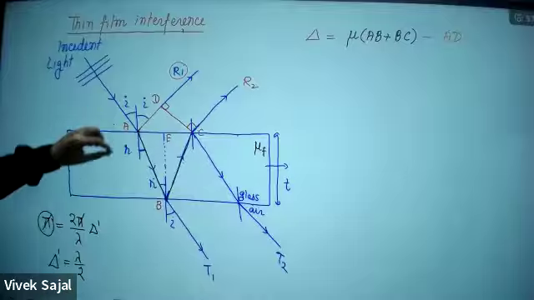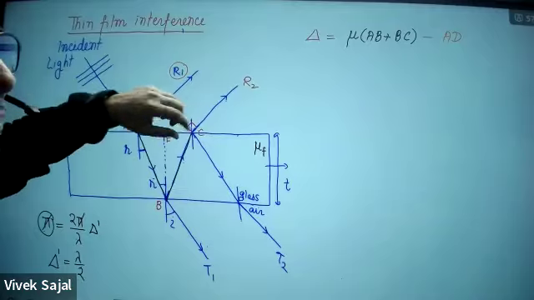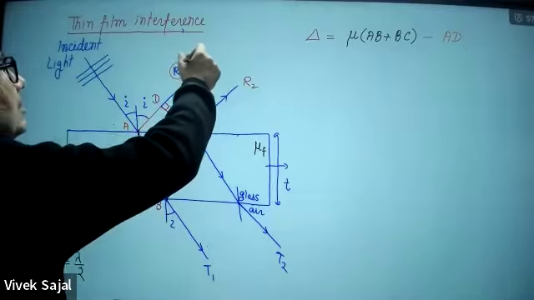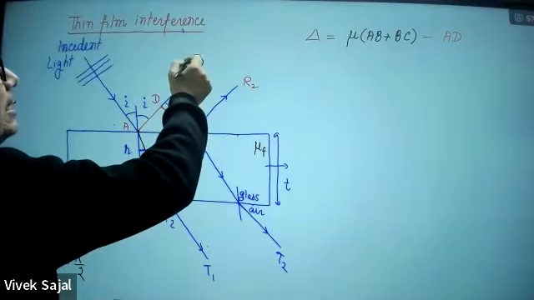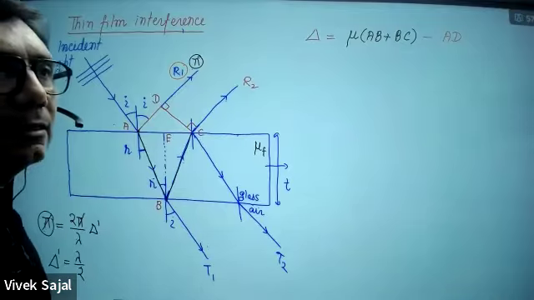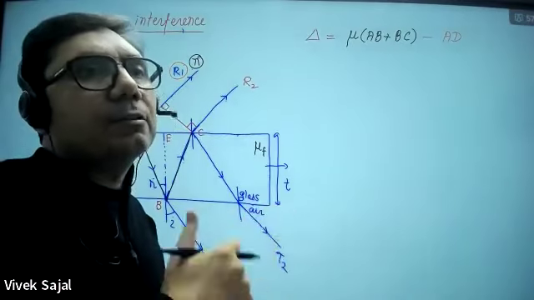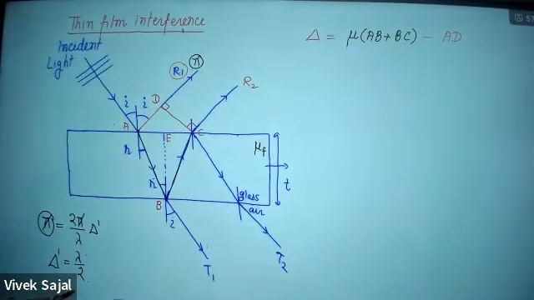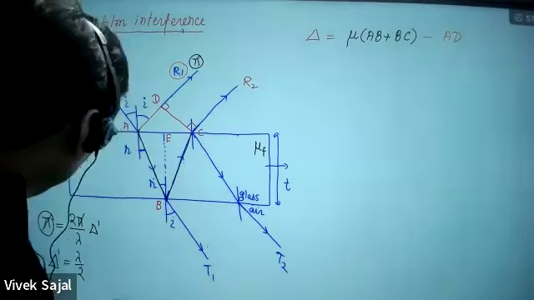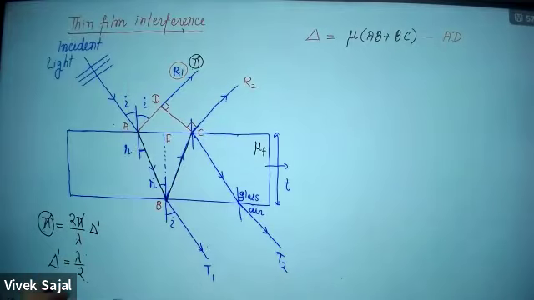So when you are saying that in the reflected light there is an extra phase of pi, this is going to have an extra phase of pi. You can also say that this R1 has traveled an extra path of lambda by 2, because this pi corresponds to a path difference of lambda by 2.